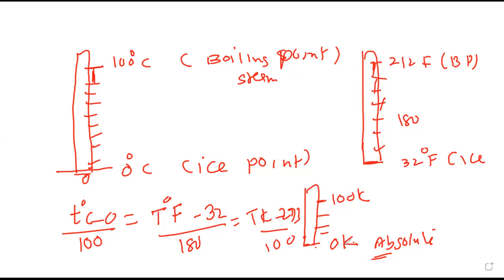Okay, followed? So basically it is degree minus starting point upon number of divisions.